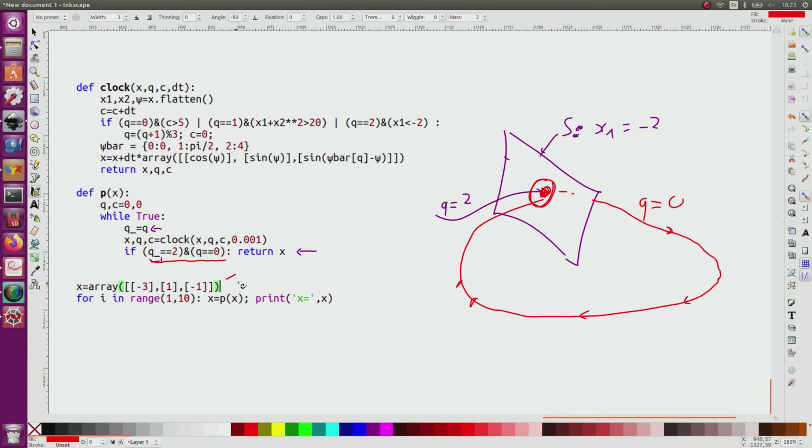I would have obtained the same result. Here I took only 10 iterations. I could have taken more, but since the cycle is quite stable, 10 is sufficient. And here I print the value just to have an idea if I'm far from the equilibrium point or not.